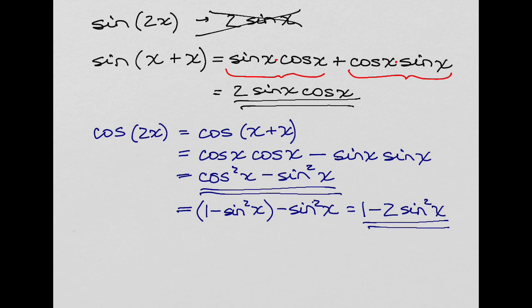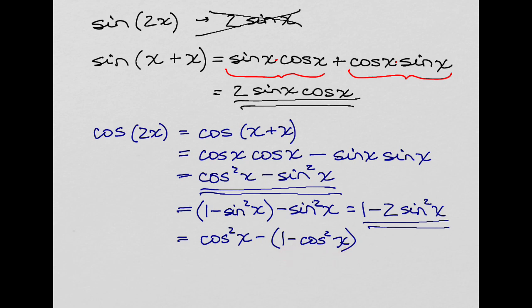Or, from up here, instead of substituting 1 minus sine squared x for cosine squared x, I could do the other one. I can substitute 1 minus cosine squared x for sine squared x. Carefully. Parentheses are your friend. And this way I have cosine squared x, and then minus minus, that's another cosine squared x positive.